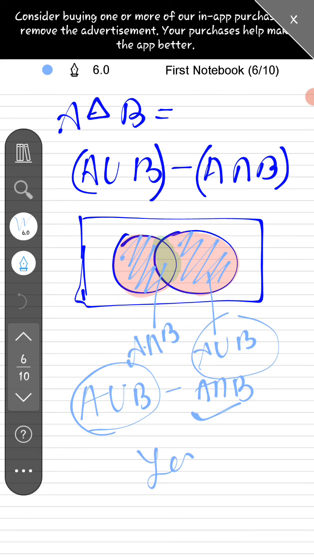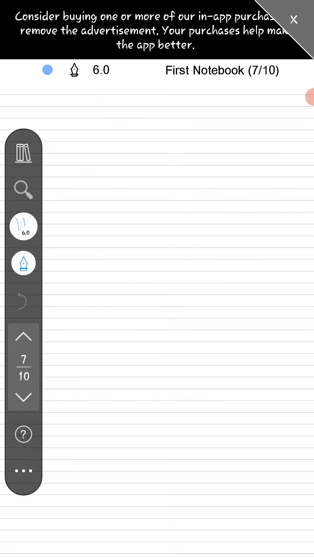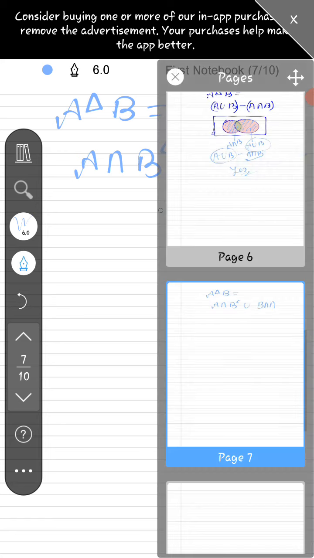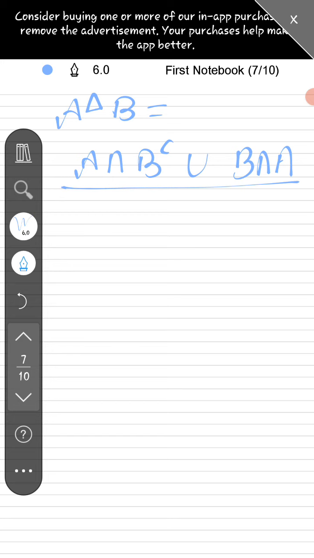So we have proved this also, right? Now again I have to show you one more thing, that A delta B is equal to A intersection B complement union B intersection A complement. This can be proved by yourself. You can prove this out, and you will get to know how this can be written there.